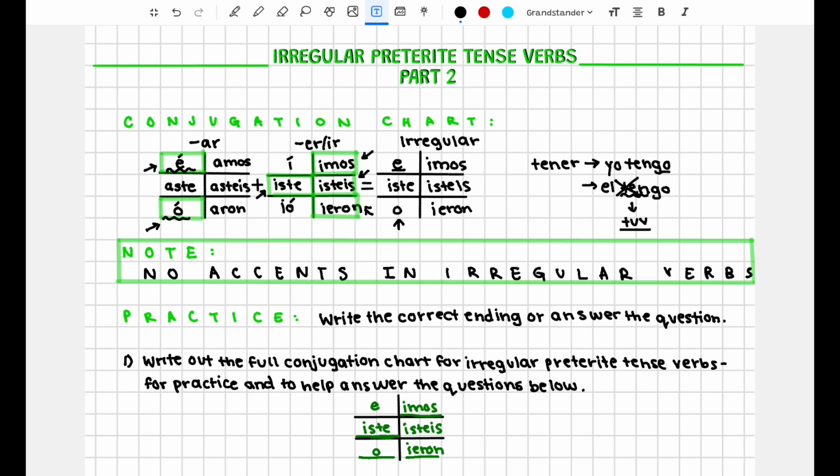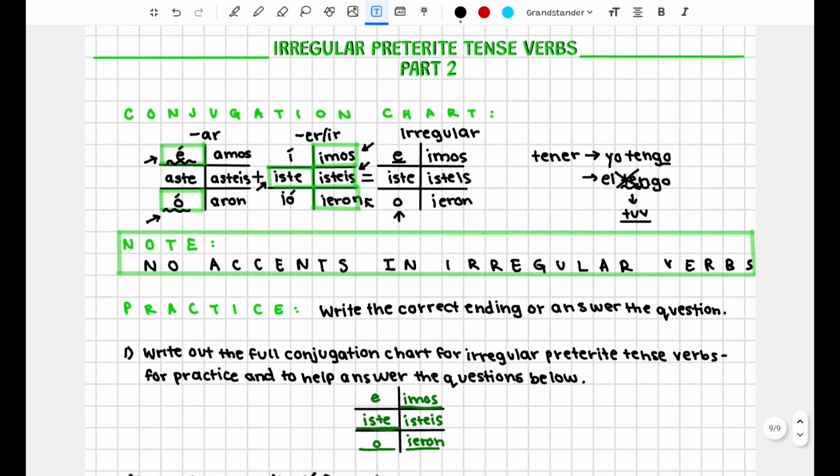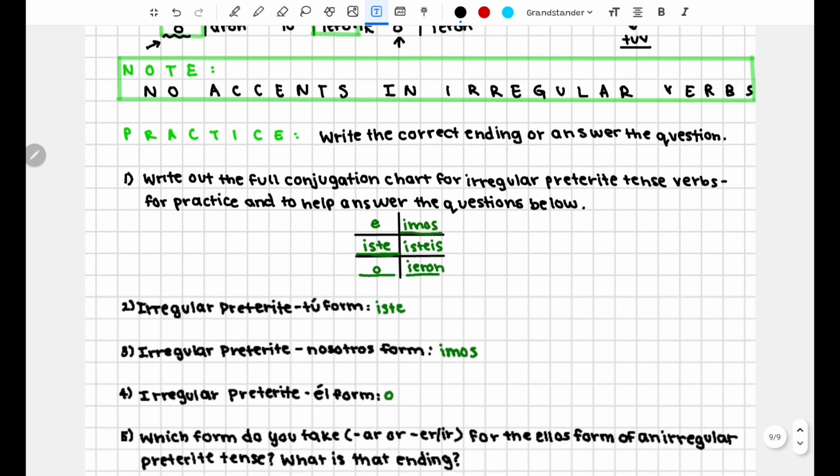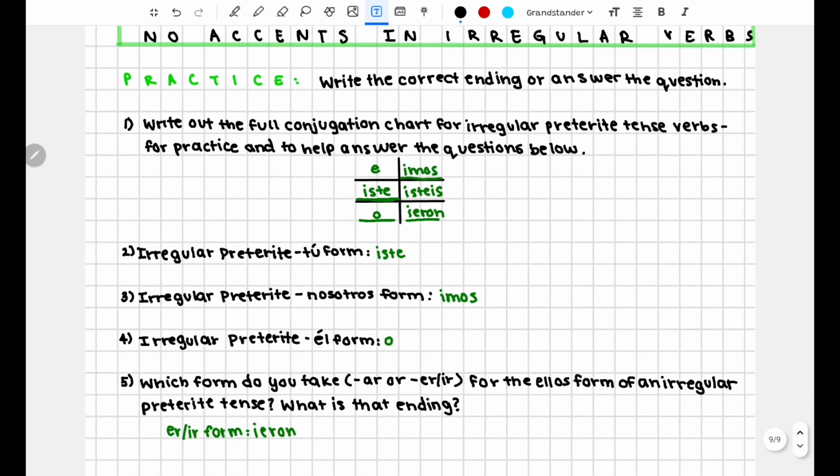And we also noticed that there are no accents in irregular preterite tense verbs, and that is one thing that's going to stay constant. We practiced the correct endings for irregular preterite tense verbs and how to write the conjugation chart: iste, o, imos, isteis, ieron.